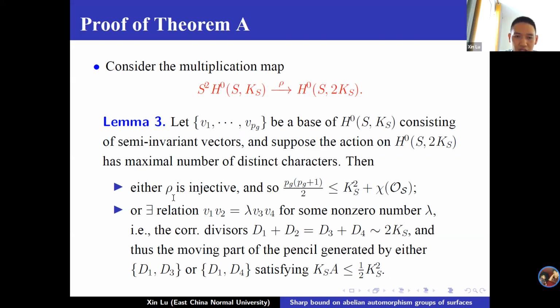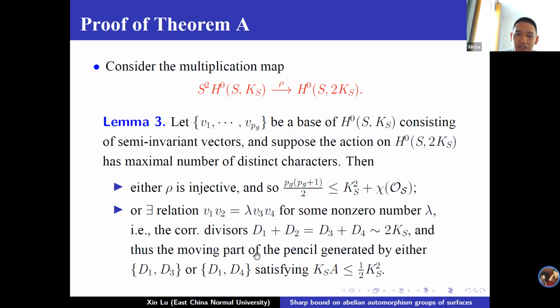Or if this rho is not injective, then we must have such a relation, that is, there exist four semi-invariant vectors such that V1 times V2 and V3 times V4 are linearly dependent. Then from this equality, we have such a relation for the corresponding divisors: D1 plus D2 equals D3 plus D4, which is linearly equivalent to 2 times Ks.